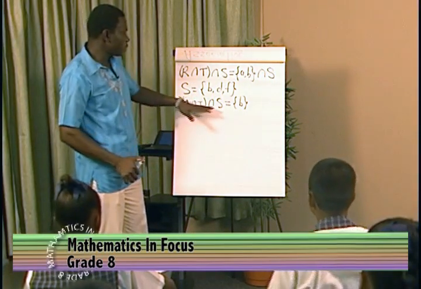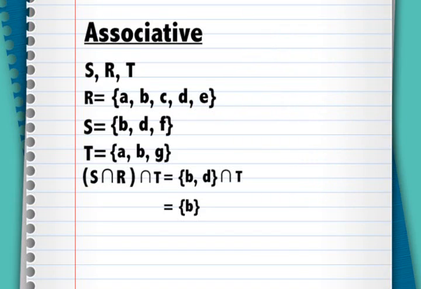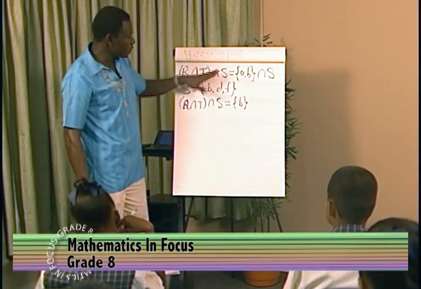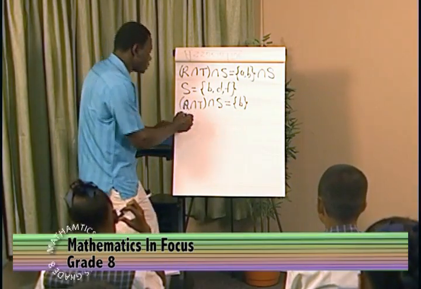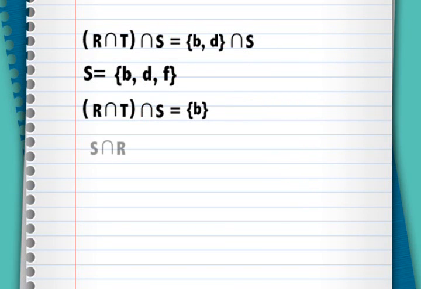So we can say, therefore, remember the previous one that we had, when we group S and R first, all of this worked out to B. Now when we group R and T first, we see that the intersection worked out to B. So it therefore means we can write the conclusion that S intersect R intersect T is equal to S intersect R intersect T. All right?